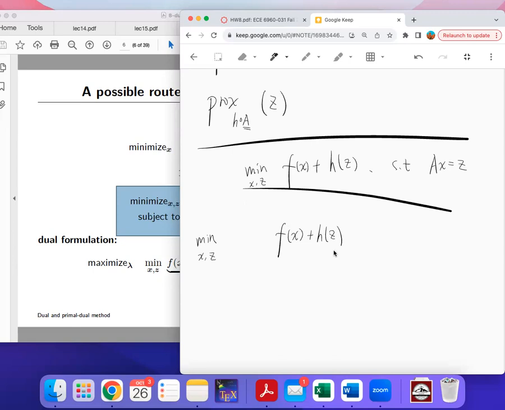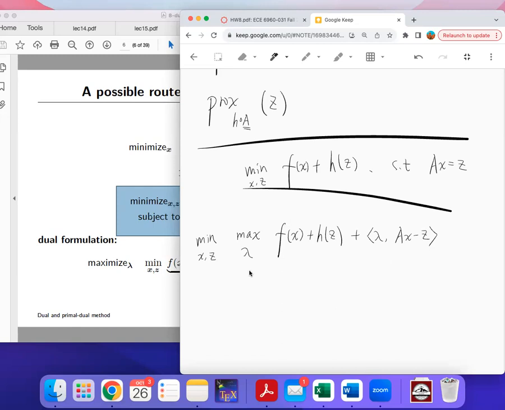I can put this constraint into the objective function by adding this linear term, this inner product between lambda and Ax minus z.